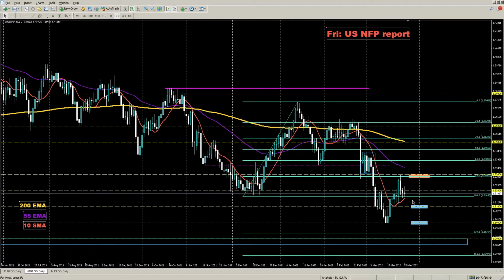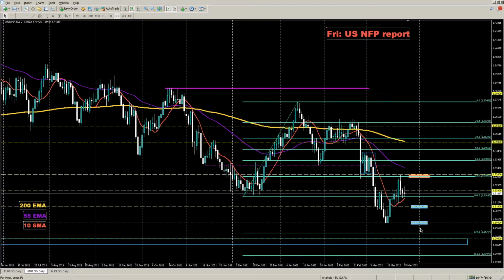So for now, it looks like it's narrowing into a consolidation, soon to be either a rectangle here or triangle. But yeah, for now it's not dropping lower, so that's good.